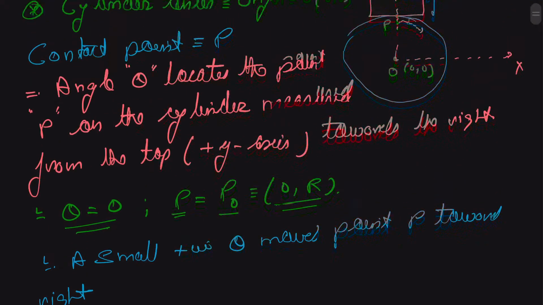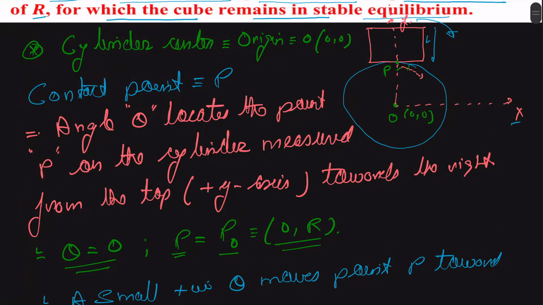And for the unit vectors, we already know that towards our x-axis we can take plus i, and towards the y-axis we can take plus j.